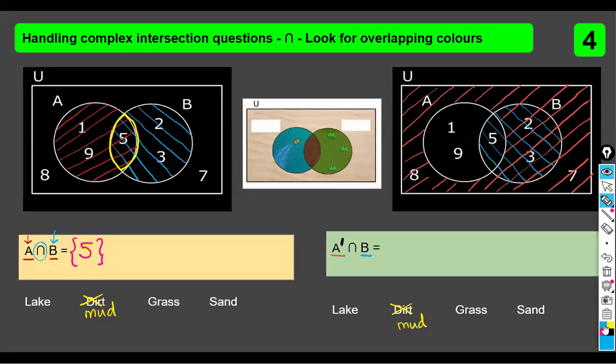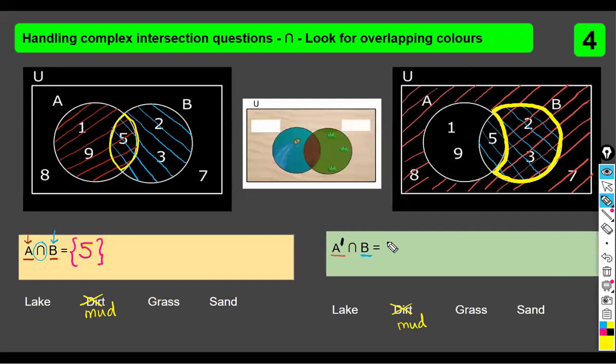If you close your eyes and look at only this region here, let me highlight it. Only the grass region has both colors. Look at it. The 5 doesn't have both colors. The 5 only has blue, if you look at it carefully. Only the grass region has both colors, red and blue.